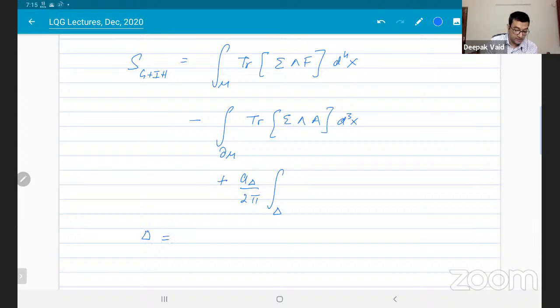The delta is the isolated horizon, and this term is the trace of A wedge dA plus 2/3 A wedge A wedge A.